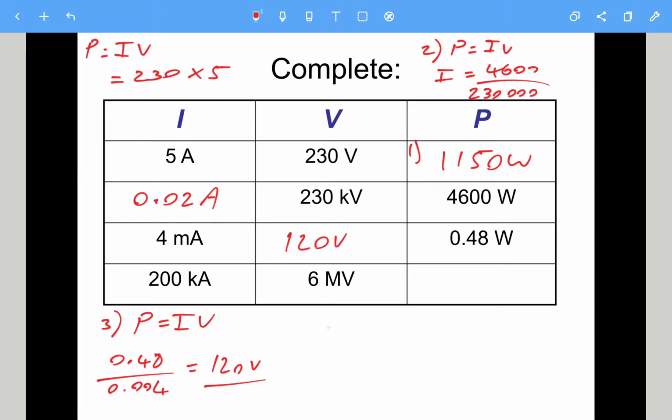And let's look at the last one to get power. The fourth one. P equals IV. So the current is 200 kiloamps, which is 200,000 amps, multiplied by the voltage of 6 megavolts. That 6 mega means million.